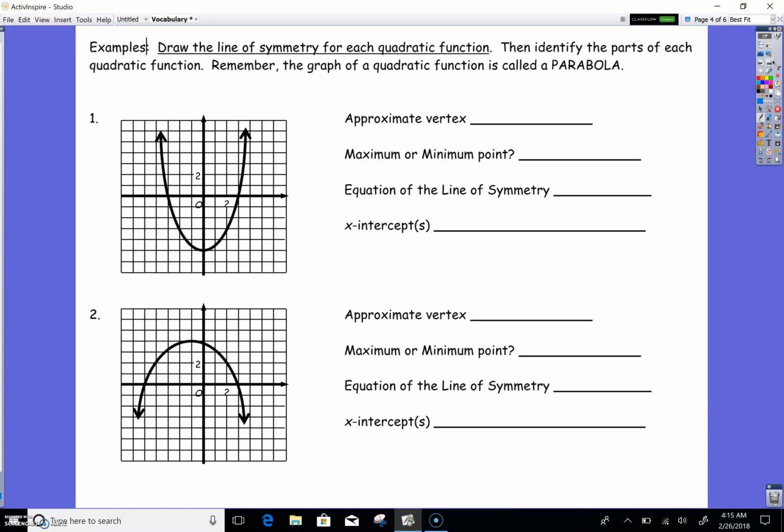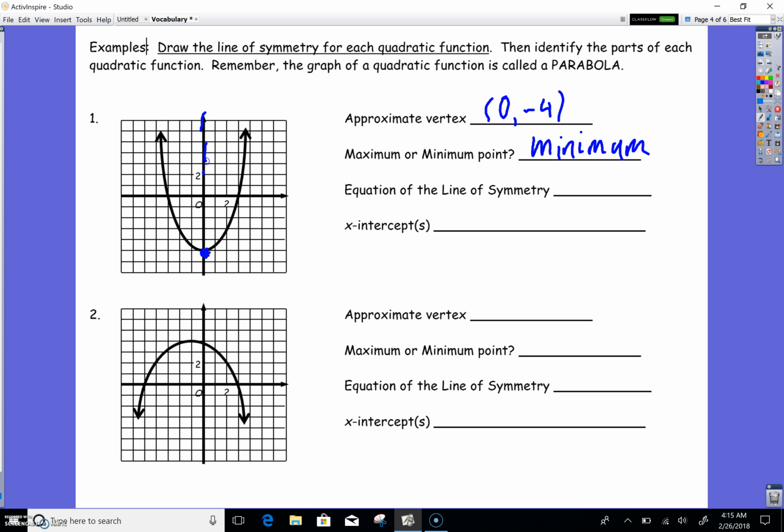Let's go into it. The first thing they ask for is the vertex. The vertex is right there. So we count 1, 2, 3, 4. So that would be 0, -4. Is it a minimum or a maximum? We look at it, it's a minimum. The equation for the axis of symmetry.